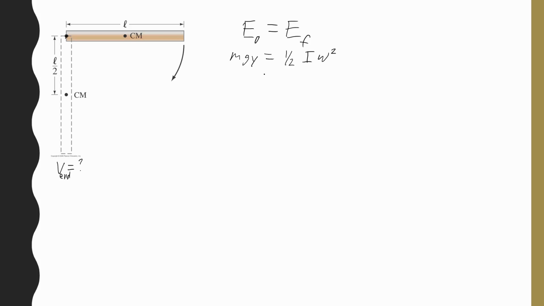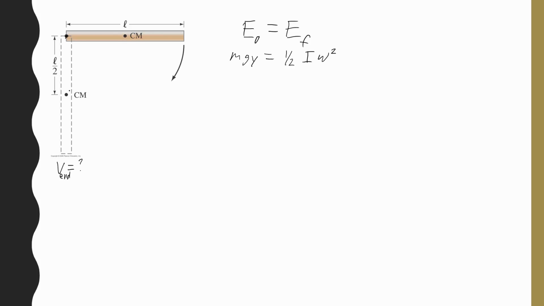And then we can go ahead and plug in some values for this situation. Now the y is a little bit more confusing when you have rotational situations. The end of the rod goes from up here down to here, and the rod is length L, so the change in height of the end of the rod is L. But whenever you've got a rotating object falling like this, the gravitational energy is given by the position of the center of mass.